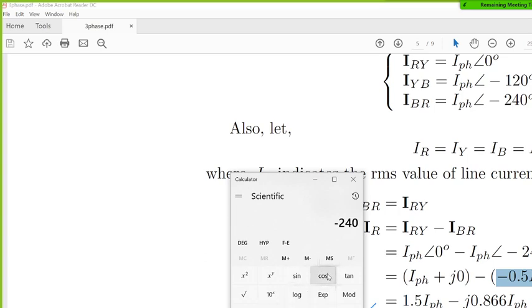Cos of this. Okay, it was given directly in degrees. Similarly, minus 240 sine of that. See, okay.